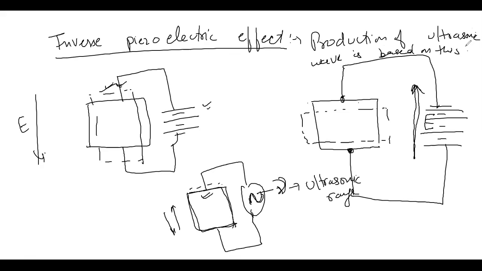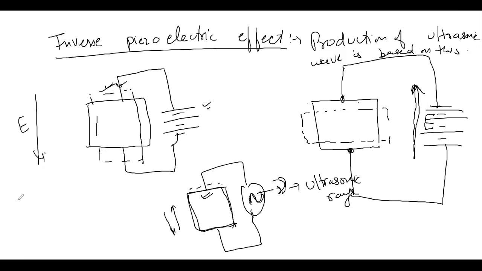Now, every crystal, in the beginning of waves and oscillations, we said that every single object has a natural frequency, right? Similar is the case with this crystal also, whether it's quartz crystal, which is usually used for piezoelectric transducer.